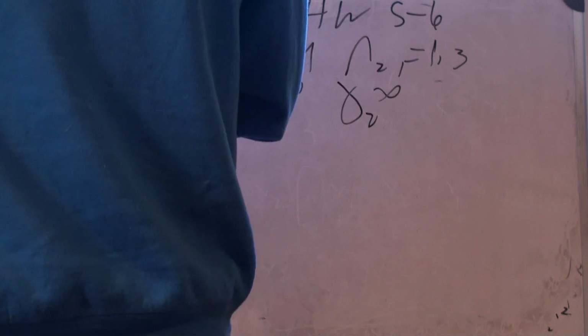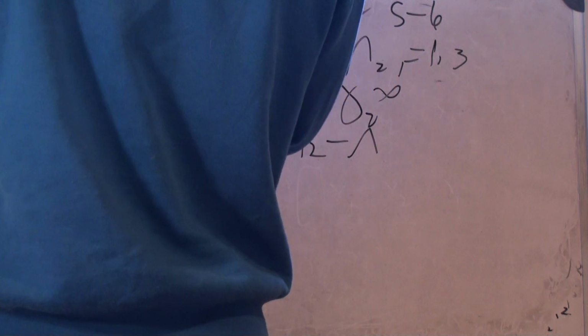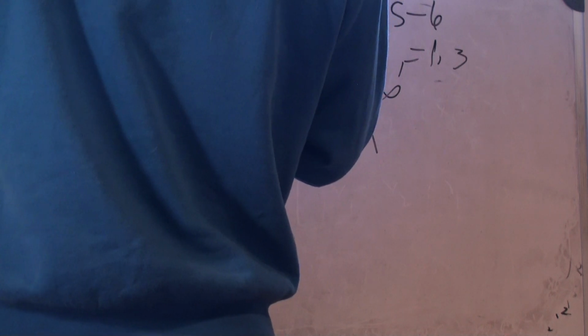natural log of gamma 1 infinity was equal to 1 minus natural log of lambda 1,2 minus lambda 2,1.